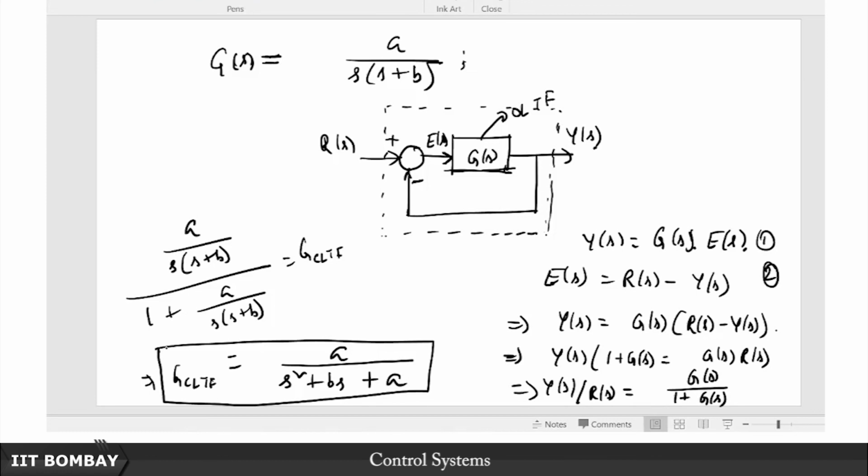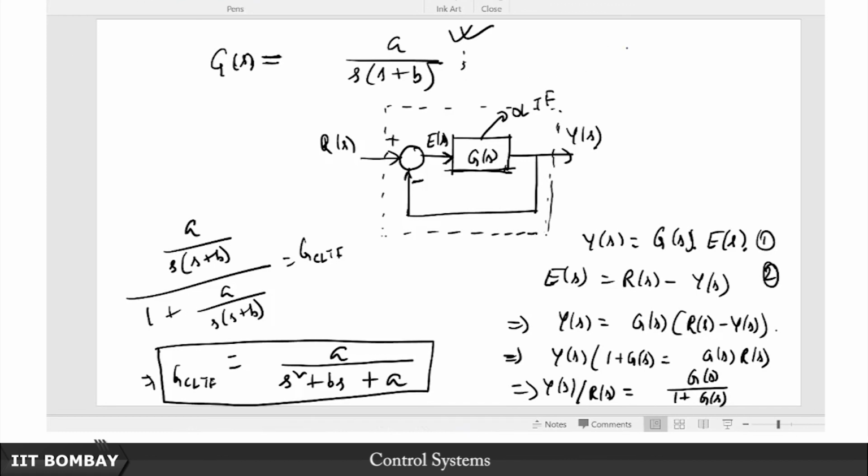But starting with an open loop transfer function such as this, you end up with a closed loop transfer function that is the prototype of the system whose performance metrics we have studied. So in most cases, notice very carefully, you will be required to find the performance metric of the closed loop system.